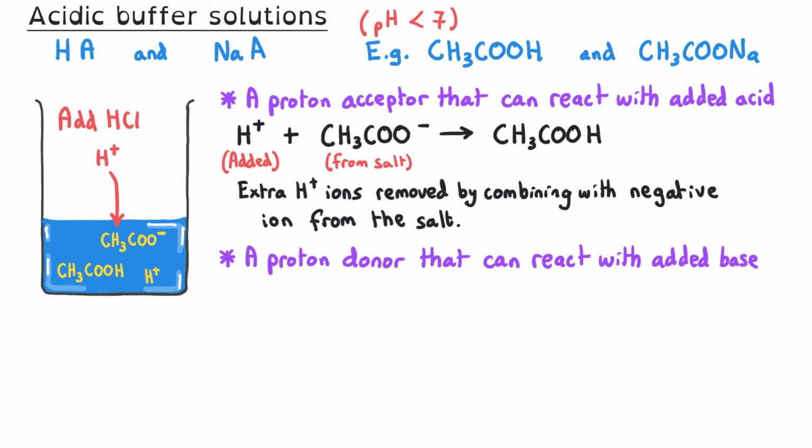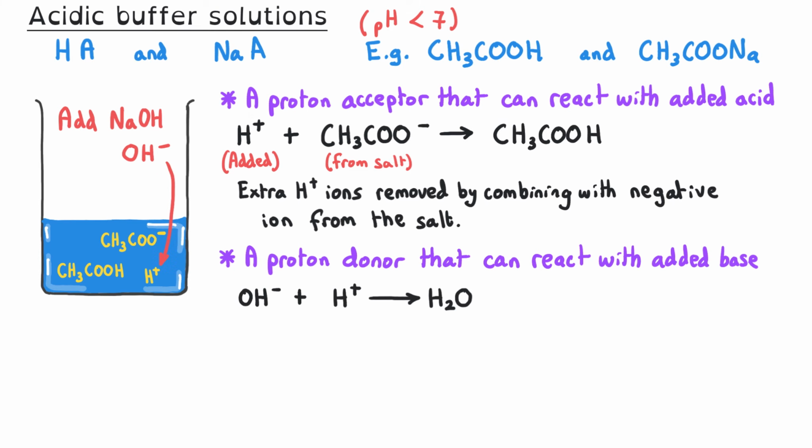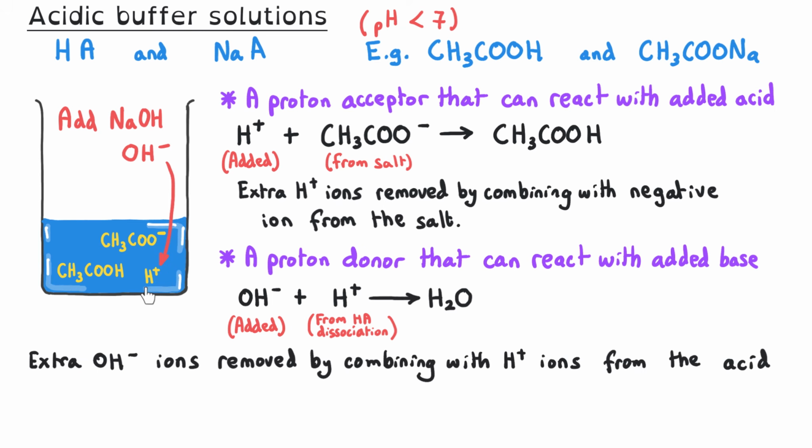And then if we added a base, for instance sodium hydroxide, this buffer solution contains a proton donor that will react with it. And so in this case, the extra hydroxide ions from the added base are removed because they combine with the hydrogen ions from the dissociation of the weak acid. And this will produce water.